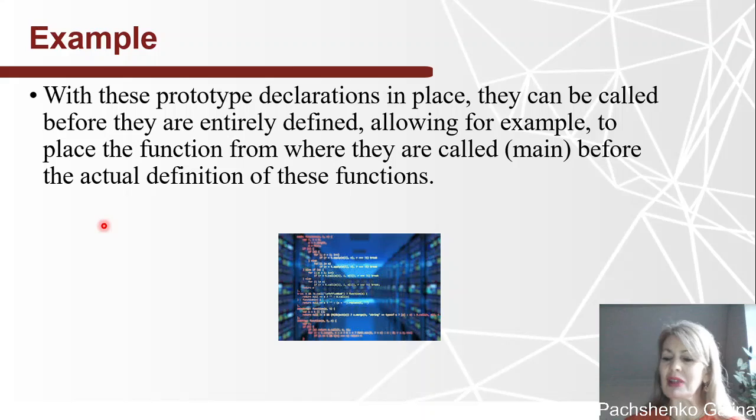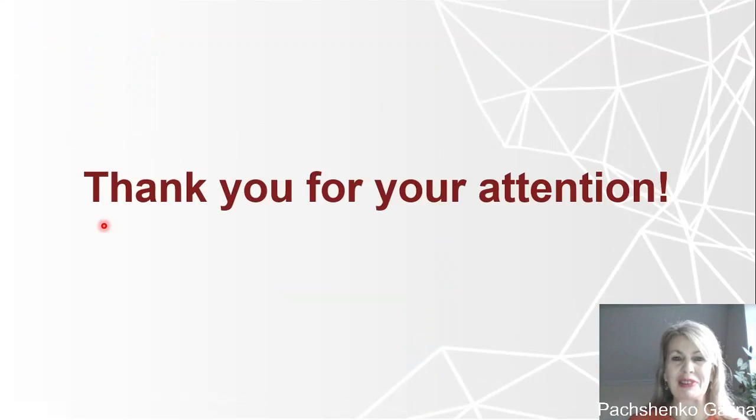With this prototype declaration in place, they can be called before they are entirely defined, allowing, for example, to place the function from where they are called, main, before the actual definition of these functions.